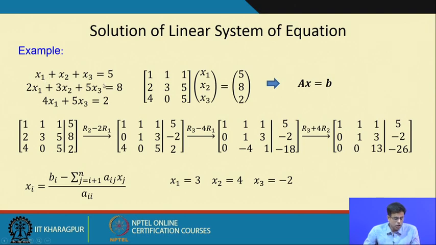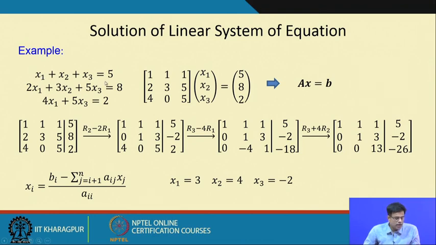Gauss-Jordan elimination method. What we did is we made the coefficient matrix the identity matrix through row operations. But here we will not go until the coefficient matrix becomes the identity matrix. Before that we will stop. Let us see.